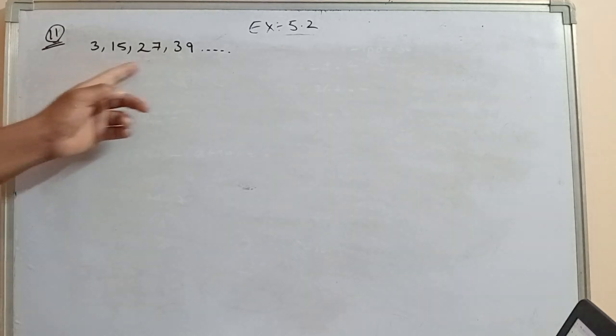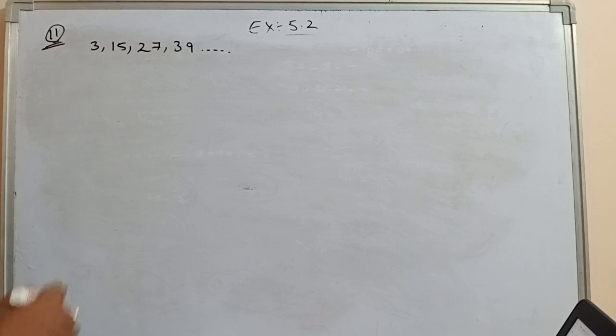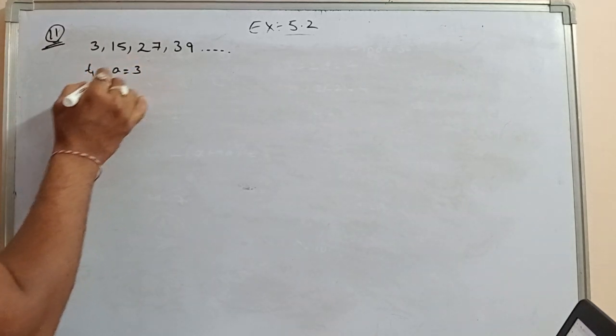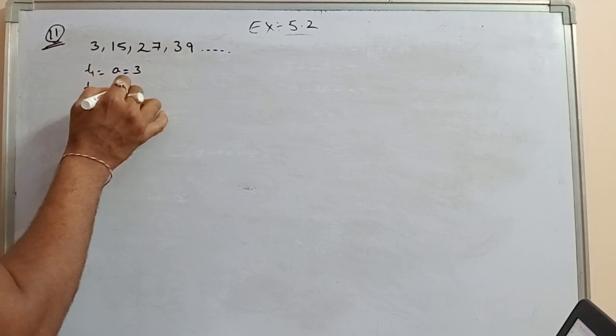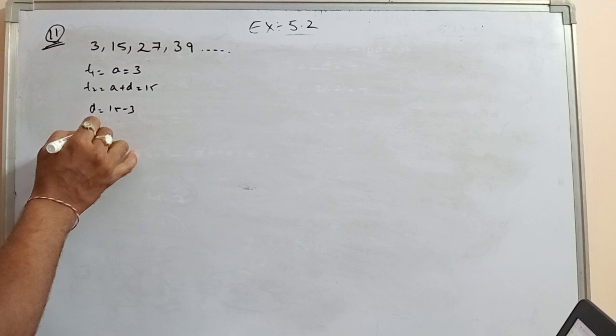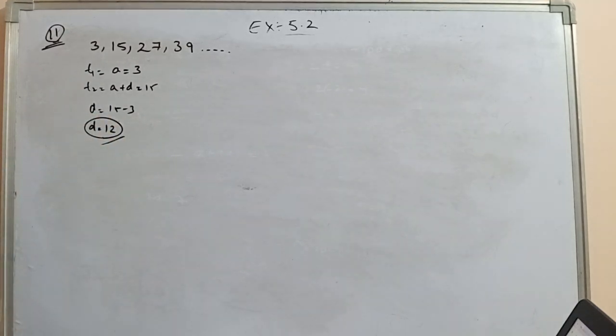So the given is an arithmetic progression, and we have to find it. So T1 is equals to a is equals to 3, T2 is a plus d is equals to 15, d will be 15 minus 3, so the value of d will be 12.